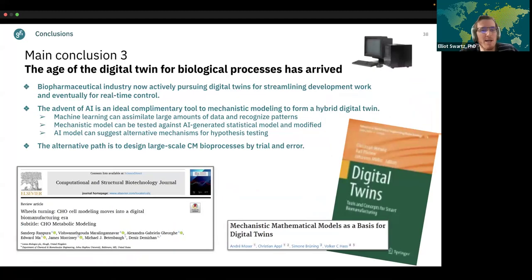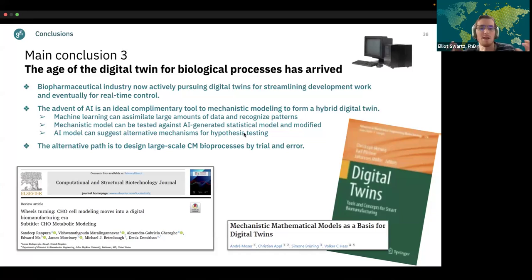And then finally, the timing seems to be right to do some of this work. This concept of a digital twin has been talked about for many years, and it's gathering a lot of momentum in other sectors like the biopharmaceutical industry. And coupled with the momentum in AI, with computing power, machine learning and other algorithms that can analyze large amounts of data, recognize patterns, perhaps come up with explanations or hypotheses for why certain observations are being made.